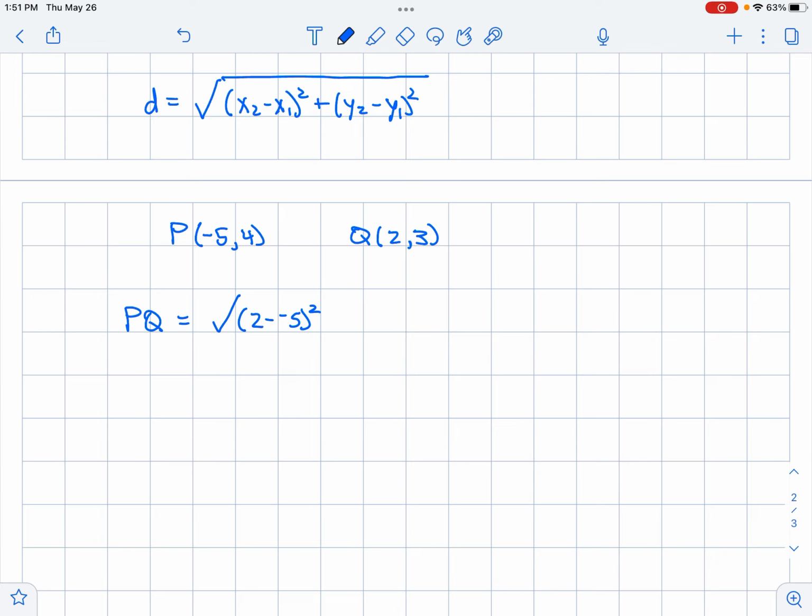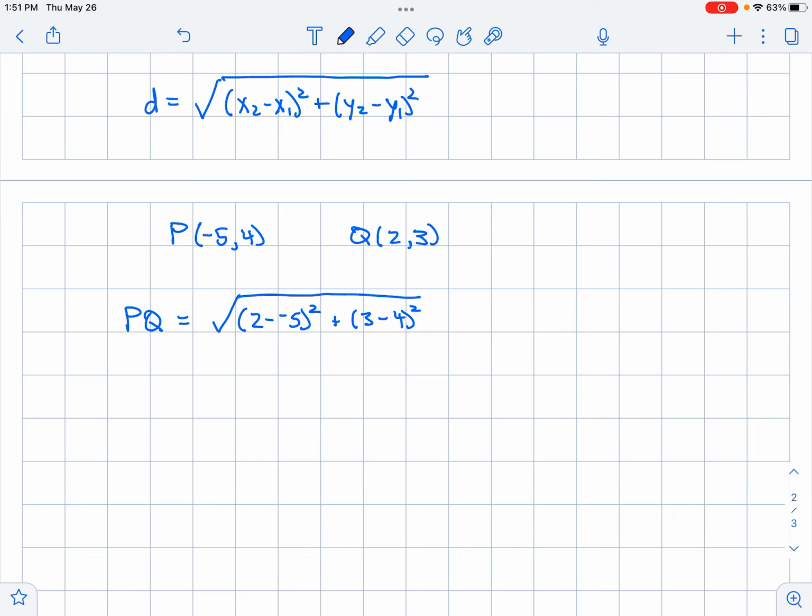See, before we just did the absolute value because we just had one direction. Y stayed constant or x stayed constant. We either had a horizontal or vertical line, but now we have a slanted line, okay? And now the difference of the y's. Instead of 2 minus -5, it's 3 minus 4, squared.